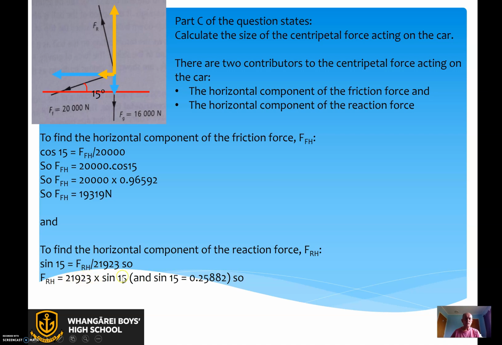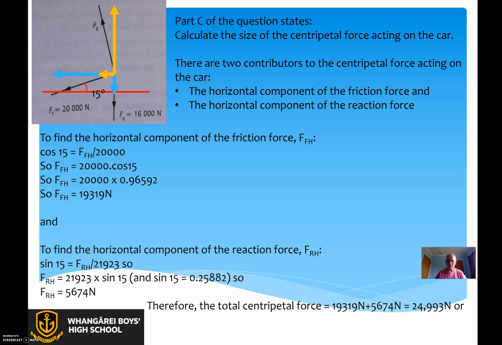So it's that number times sine 15, and sine 15 is about 0.26. So we get the horizontal component of the reaction force is that. Add these two together, the total centripetal force, and I've moved my face out of the way, is a smudge under 25,000 newtons. Get back down in that corner there, maybe.